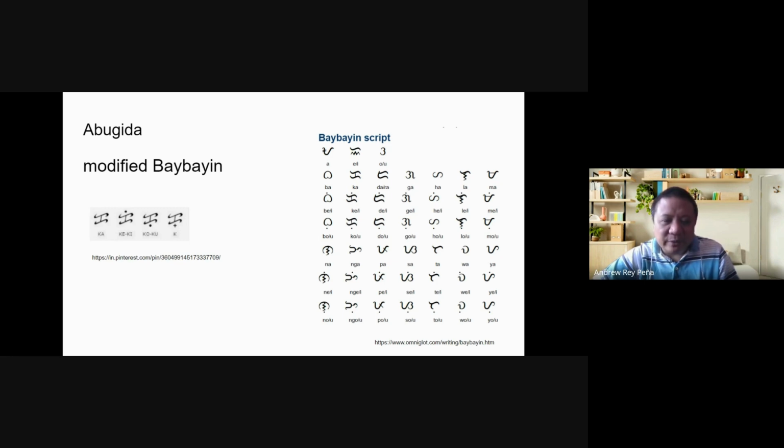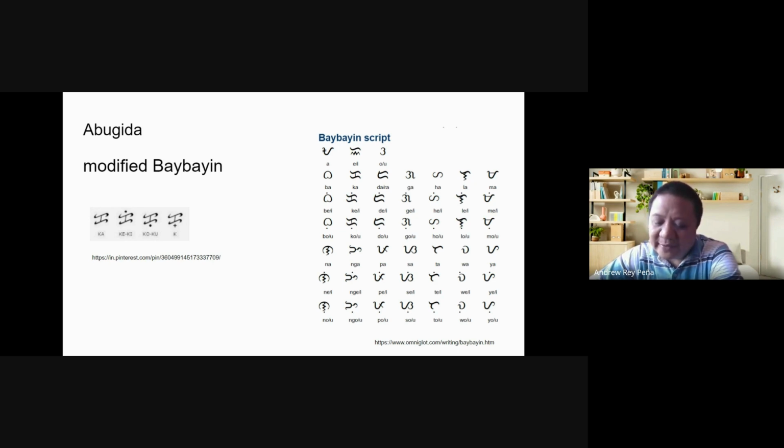If it's below, then it's ko or ku. If it's a cross, then there's no vowel. Now remember, these dots and this cross were added by Spanish friars to help them understand what baybayin was.